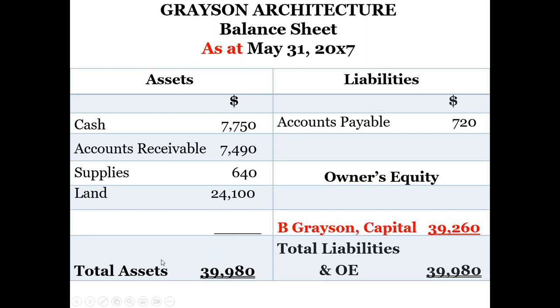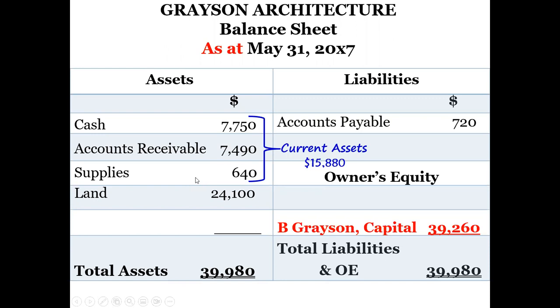So if we're talking about a short-term loan, you're looking at current aspects. So let me identify my current assets. Aren't these the current assets? Cash, accounts receivable, supplies. So when we total them up, our total current assets, guys, is 15,880. Make note of that figure.